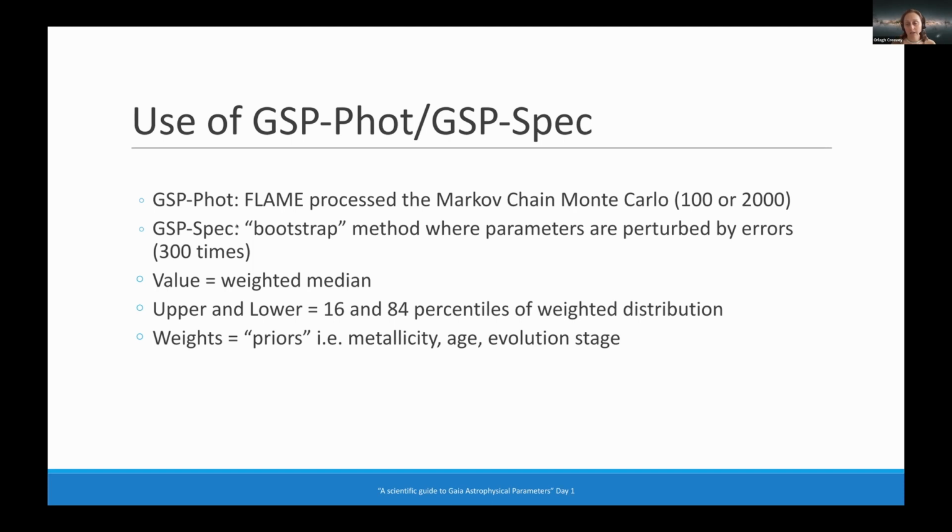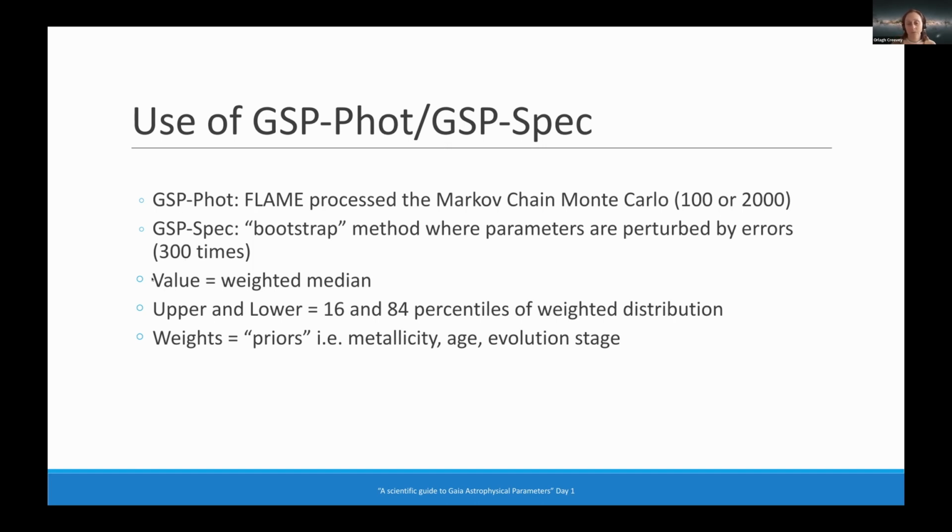For GSP-Spec, we use a bootstrap type of method. So basically, the input parameters are perturbed by the errors. So not just the GSP-Spec parameters, but also the parallaxes and the magnitude. And we do this 300 times, which was a nice compromise between processing time and getting statistically correct results.